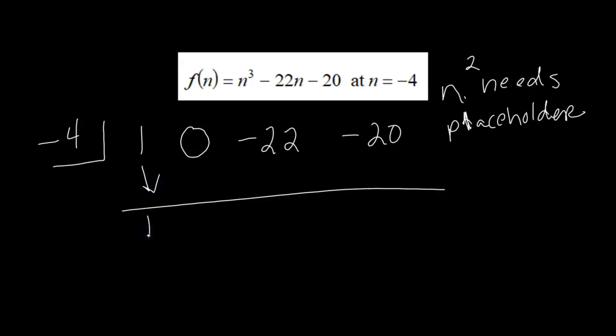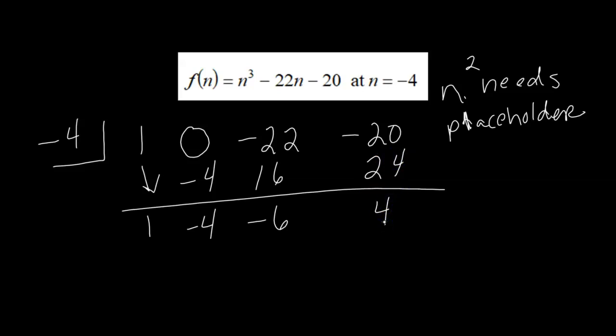Drop down your 1. -4 times 1 is -4. Add these, we get -4. -4 times -4 is +16. And then we add to get -6, and then we multiply -4 times -6, and we get a +24. -20 plus 24 will give us 4.